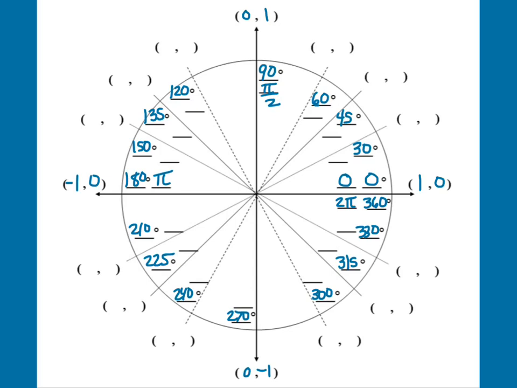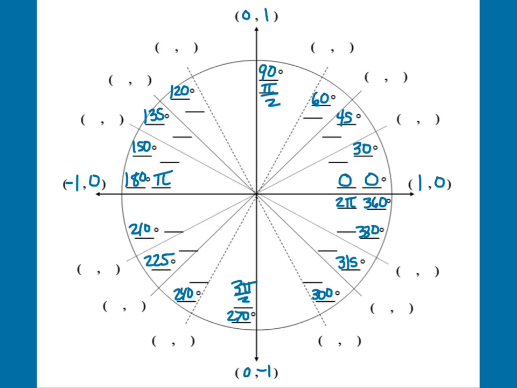For example, 90 degrees is 1 pi over 2. 180 degrees is 2 pi over 2, which reduces to pi. And then the next unit would be 270 degrees, which is 3 pi over 2. And then go another 90 degrees, which would make 4 pi over 2, which is equivalent to 2 pi radians. So we've made it all the way around a circle with multiples of pi over 2.